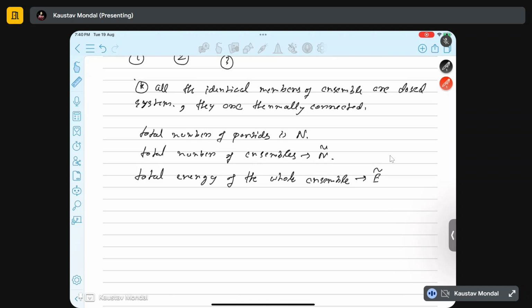Now the first thing we want to do, in a way similar to what we did in the very first lecture where we found the most probable distribution out of all other distributions, is to find the most desirable configuration, or the most desirable members, out of all the members which reside in the ensemble.